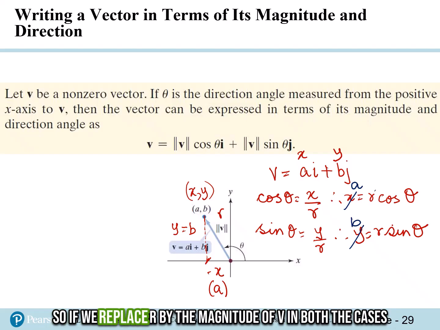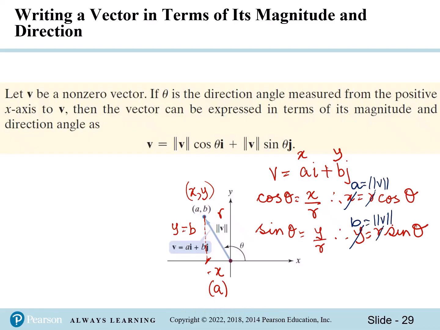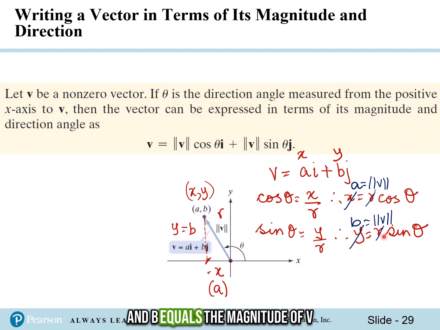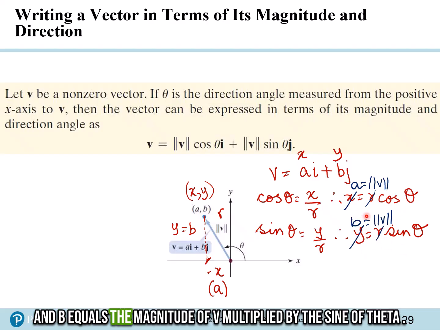So if we replace r by the magnitude of v in both cases, then what do we end up with? a equals the magnitude of v times cos of theta, and b equals the magnitude of v multiplied by the sine of theta.